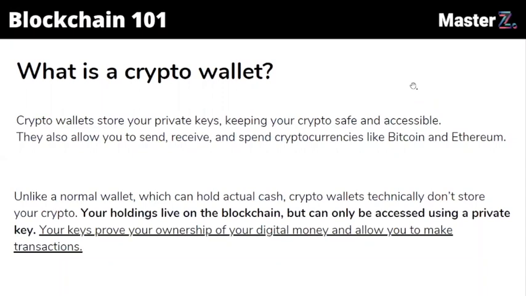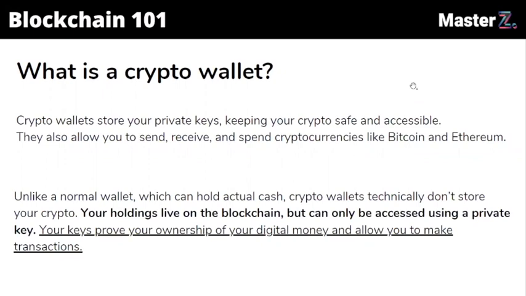There's a difference between a normal wallet and a crypto wallet, because in a normal wallet you put your cash and it is there. In a crypto wallet, it's not like this technically, because the cryptos and all the data are inside the blockchain.